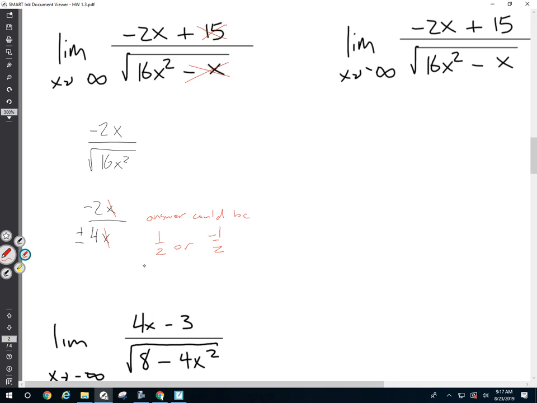What I'm going to do is go back either into this or this and check my signs. Now, if I plug in a positive value into the numerator, negative 2 times a positive value would make the numerator a negative.